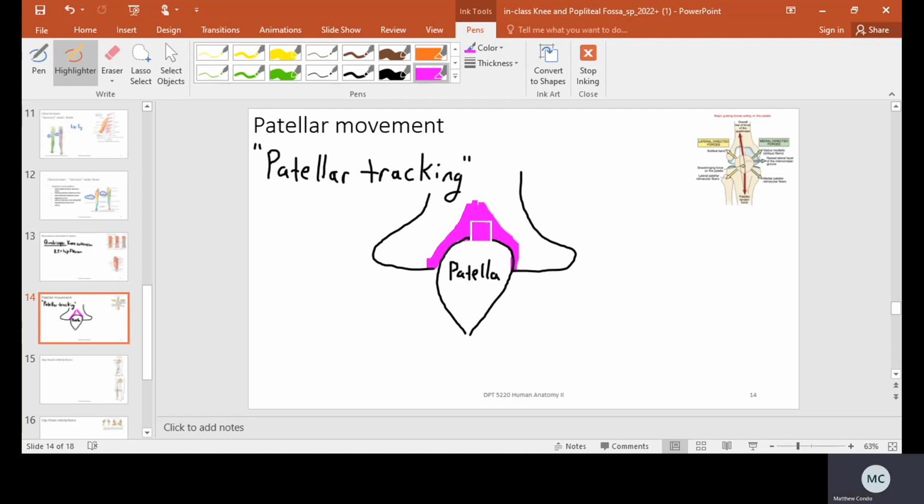That's called the patellar groove. And here's what I want you to think about: how that patella stays in the groove.